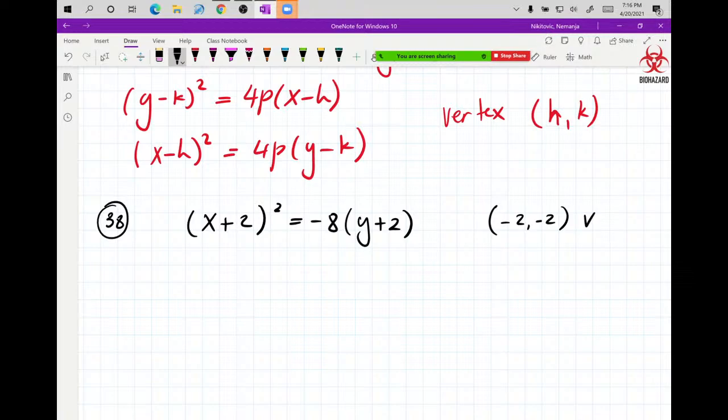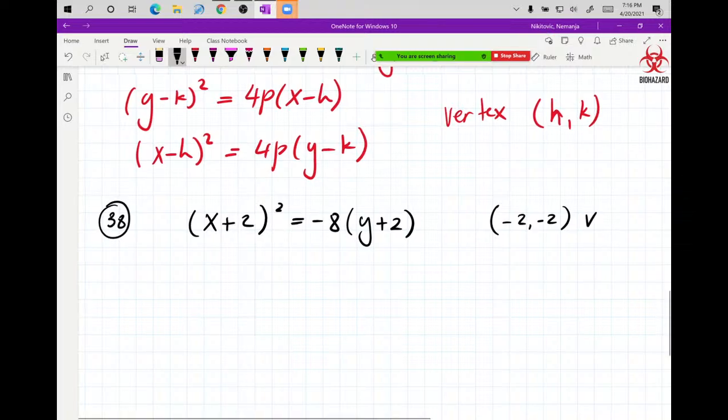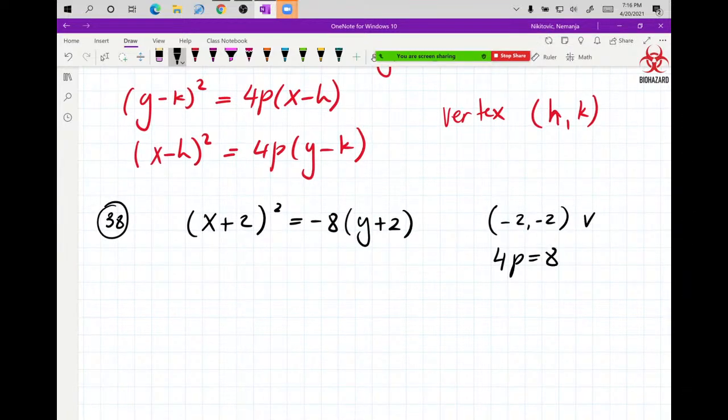I know that you would like to say, oh, it's negative 2, but p is the distance that will go one way and the other way, so you'll be adding it and subtracting it, so there is no need for a negative 2. P is a distance, so keep it positive. So 4p is equal to 8, p equals 2.